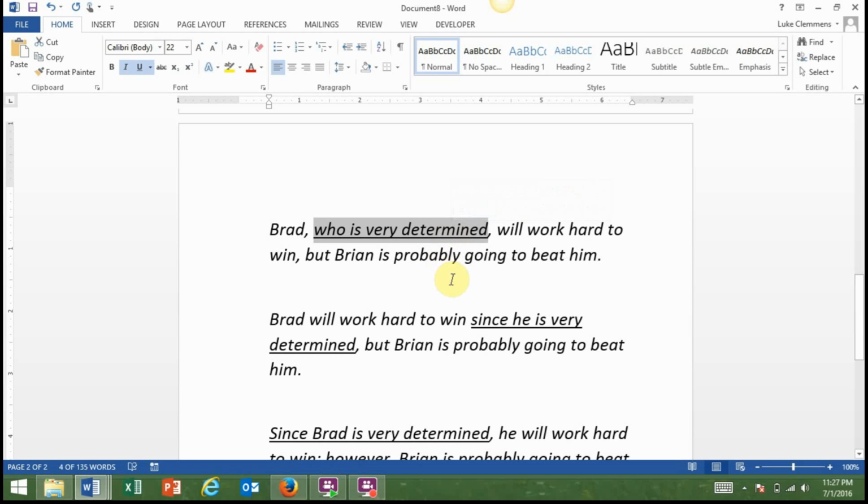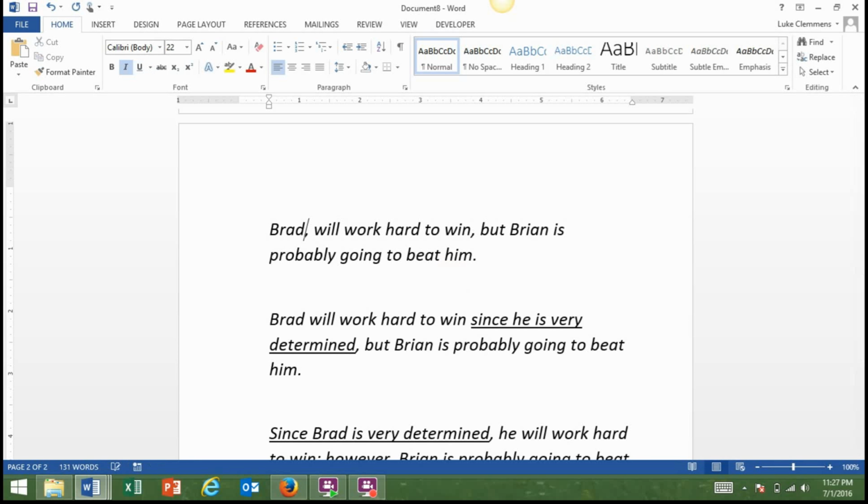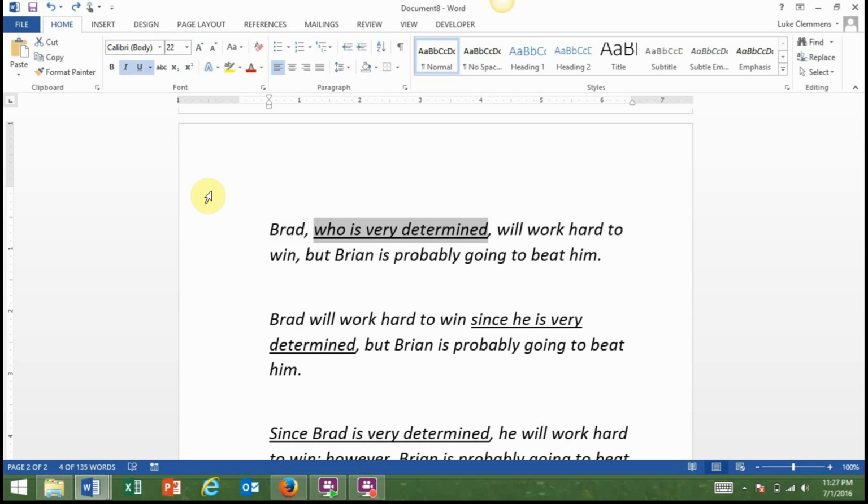So Brad, who is very determined, will work hard to win. Now, take that out, and we have Brad will work hard to win. That's an independent clause. Okay, so that is an independent clause. But you leave what we had, Brad, who is very determined, will work hard to win. So right now we have a complex sentence.